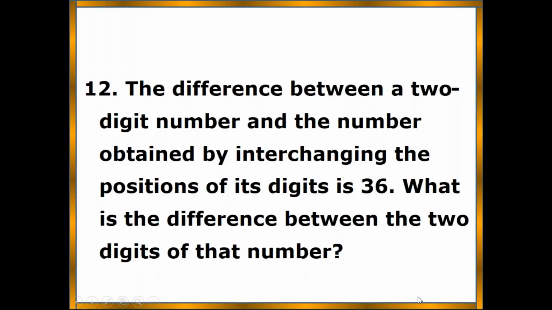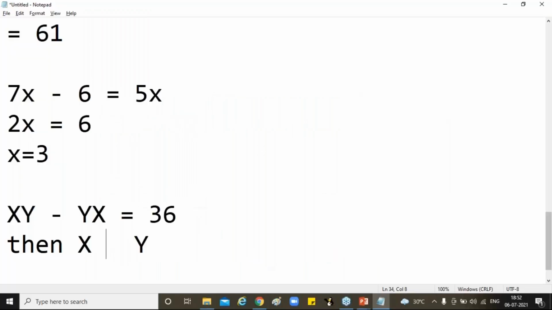The difference between the two digits, nothing but x and y difference. That is the given data and required data: xy minus yx is given, and you have to find x minus y.